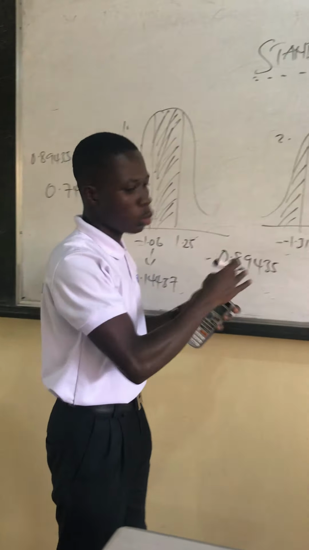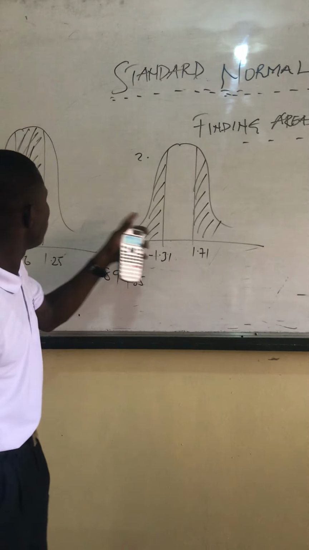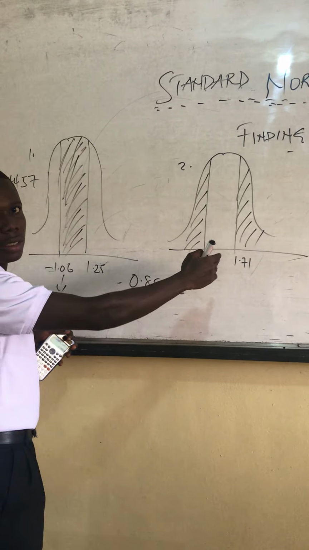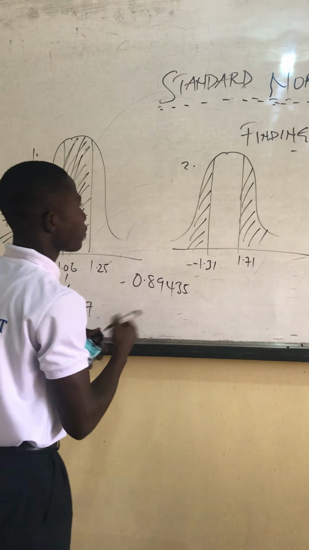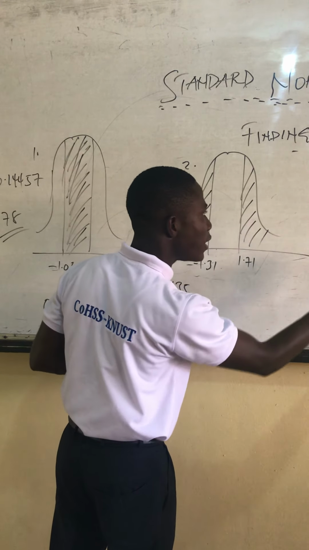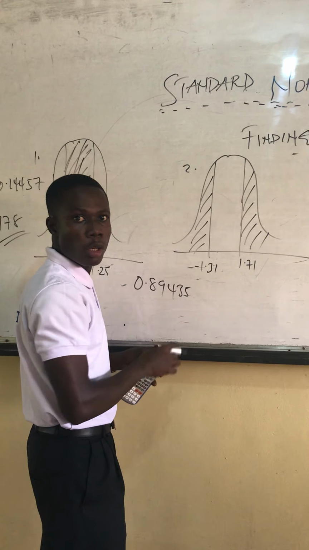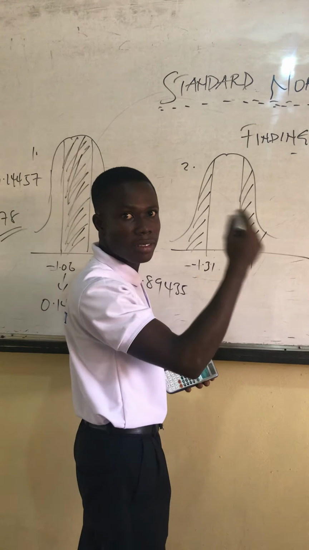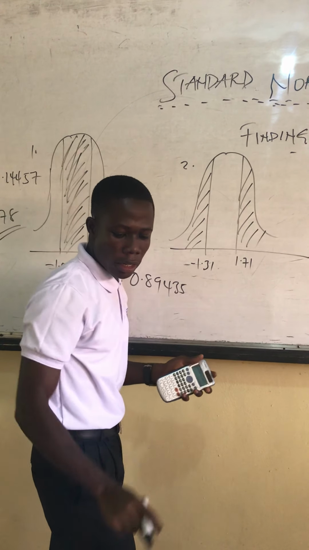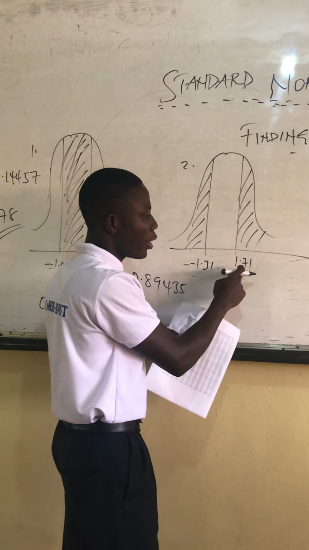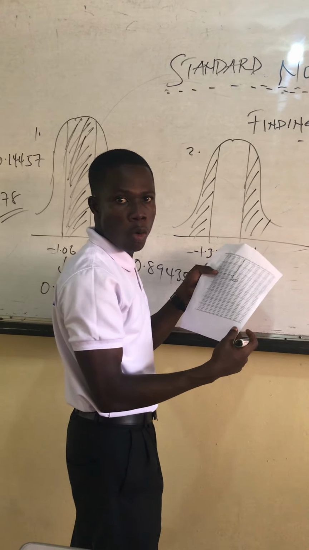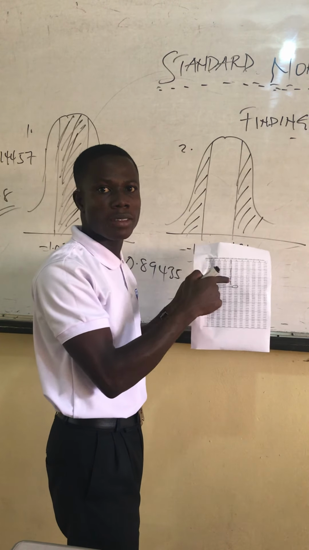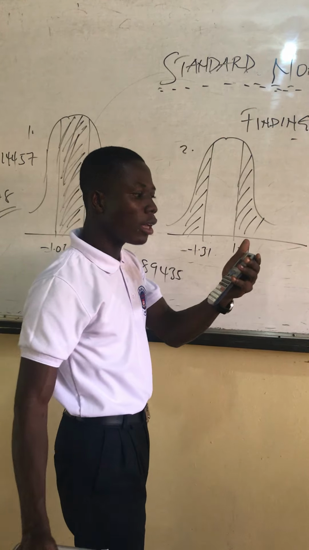Now let's come back to this one. This distribution is different from this distribution. With this distribution, the right side is shaded and here the left side is shaded. So here it means you will find this on your right side. Finding this on your right side, you will find 1.71 on the table, and the answer you get, you subtract it from 1, or you can use the calculator to find it.